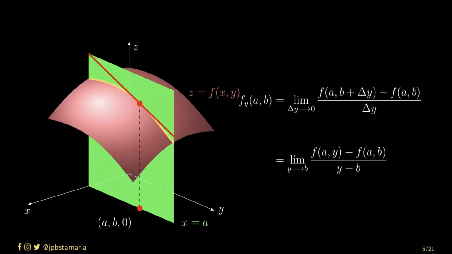The cutting plane will generate a curve if it intersects the surface f of xy, no? Tapos at the point AB, the partial derivative with respect to y, it represents the slope of that tangent line. Naintindihan ninyo? Ito yung definitions natin ng partial derivative.